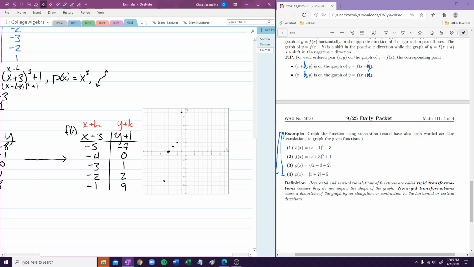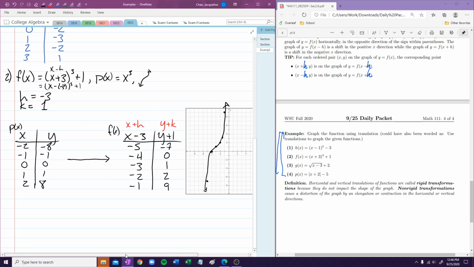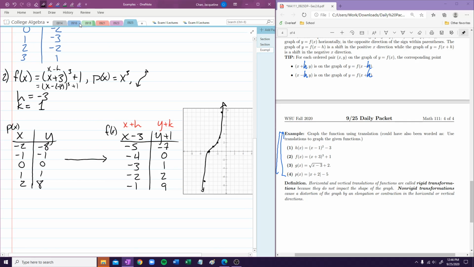So, what I'm going to do, okay, and that's our graph. Again, I'm just going to plot this middle point right here, so 0, 0.